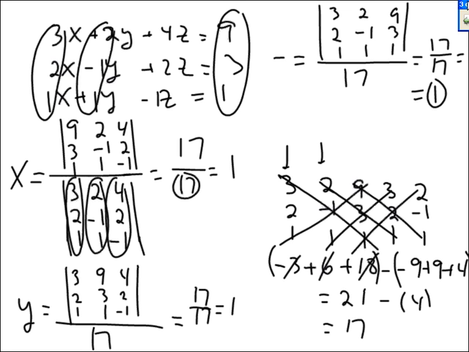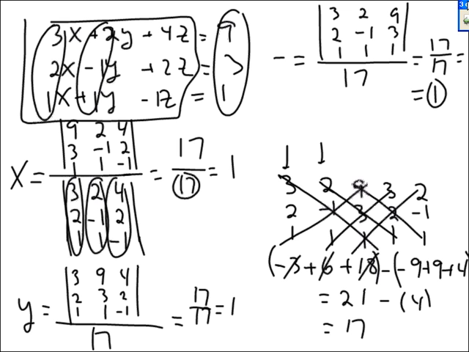Okay. Bottom determinant is always the coefficient matrix. That's in all three, for all the variables, whether there's 9 variables or 7 variables or 2 variables.